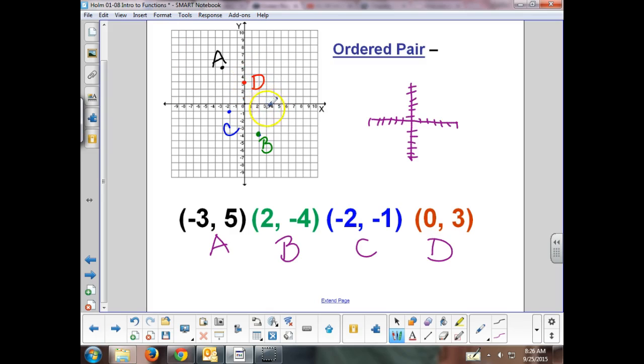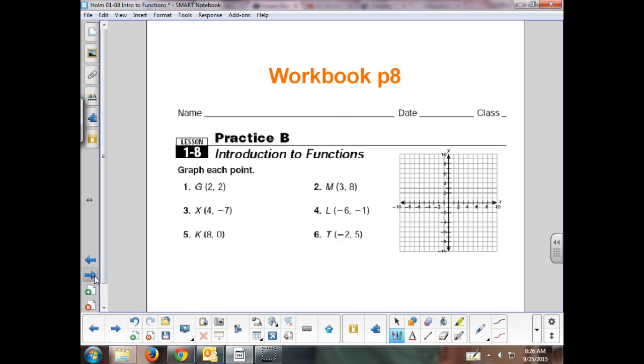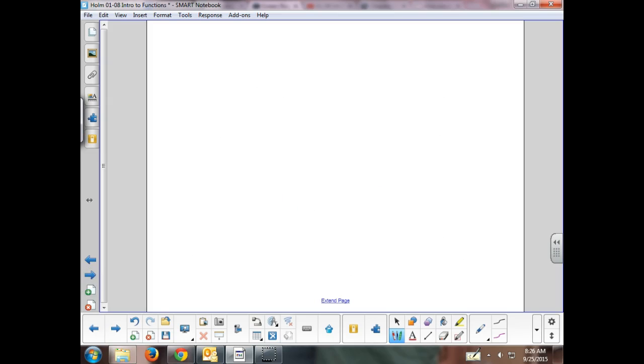Sometimes kids accidentally put something that should be on the y-axis onto the x-axis. By the way, if a point falls on one of the axes, it is not in a quadrant. It is on an axis. We'll get to that later.